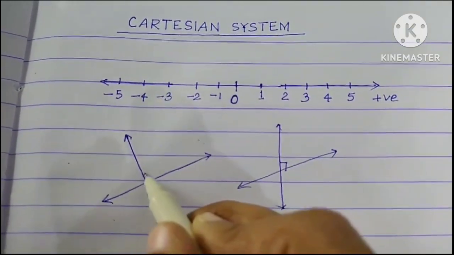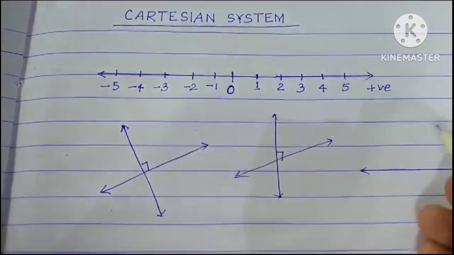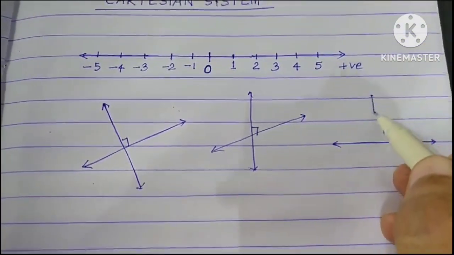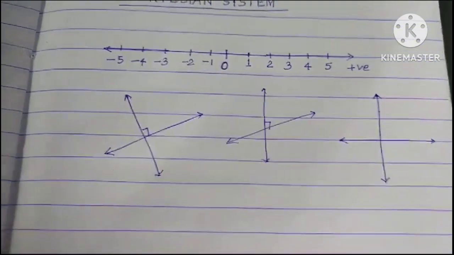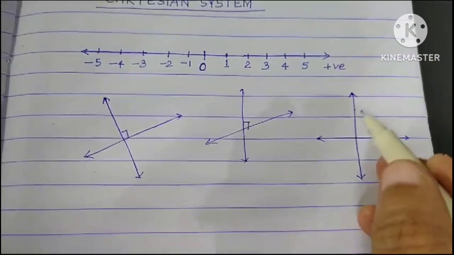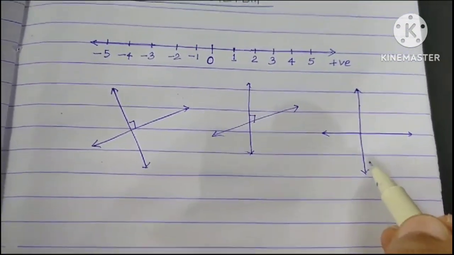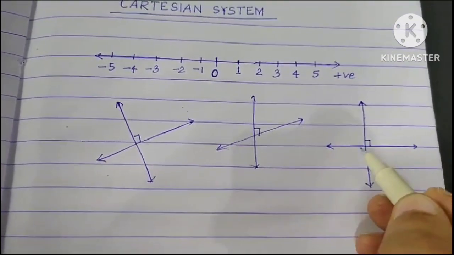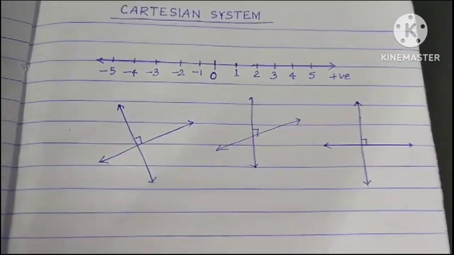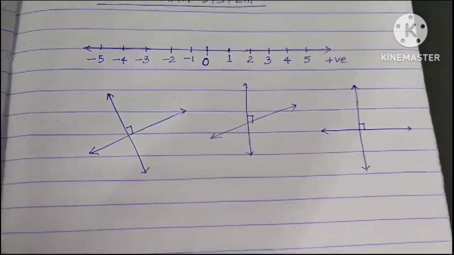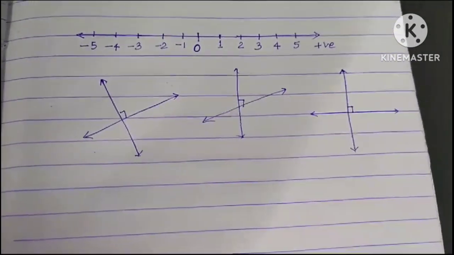But he took these two perpendicular lines to introduce the Cartesian system. So we will discuss from here, keeping this in mind, and we will now see the various terms involved in this Cartesian system one by one, so that it will be easy for us to study.